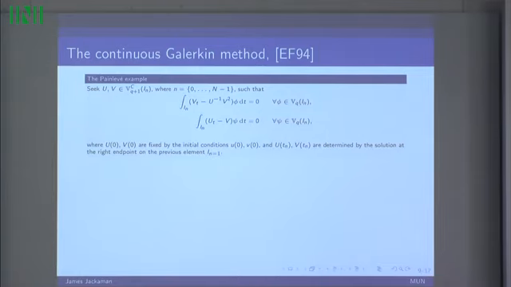And just as a quick sanity check for you all, I'm going to show you that the degrees of freedom of this finite element method match up in trial and test functions. So let's consider the case where q is 0. So our trial functions are continuous linears. So we have 2 degrees of freedom on an element, and one of these degrees of freedom is fixed by our initial condition.